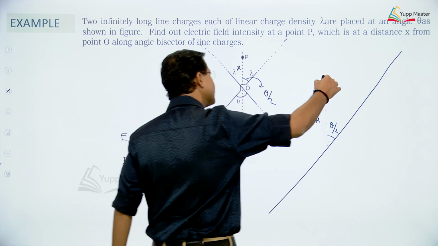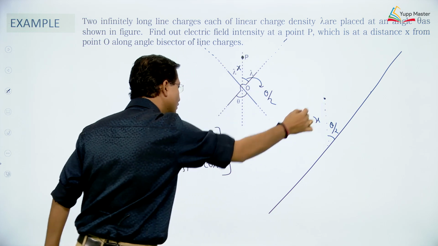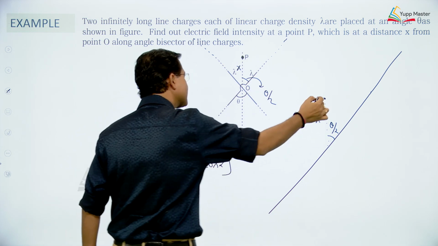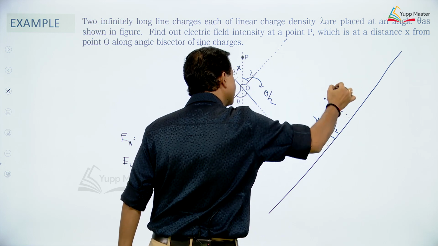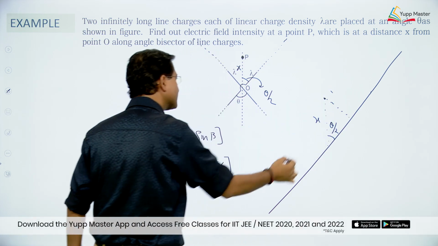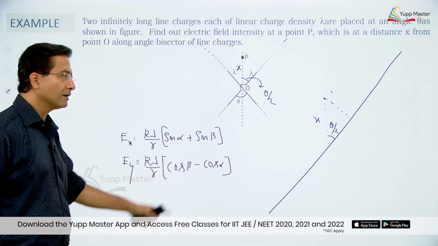If I join this one to the last part of the wire and this one to the last part of the wire, then you can see from here this angle is tending to pi by 2 and this angle is tending to pi by 2, right. So with pi by 2, the sum becomes 2 and the difference becomes 0.